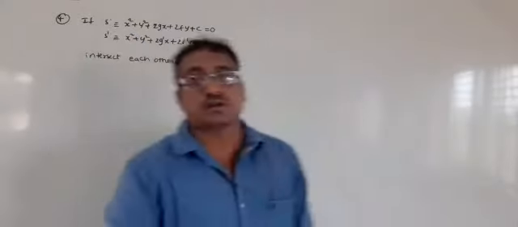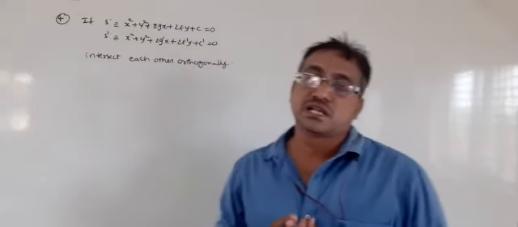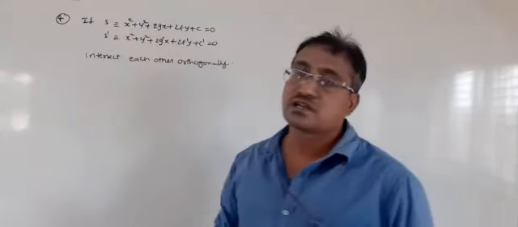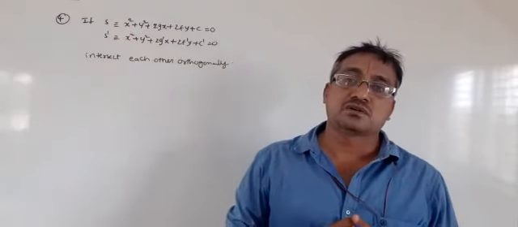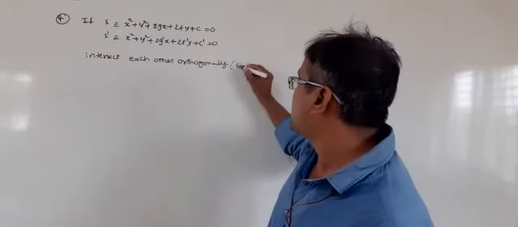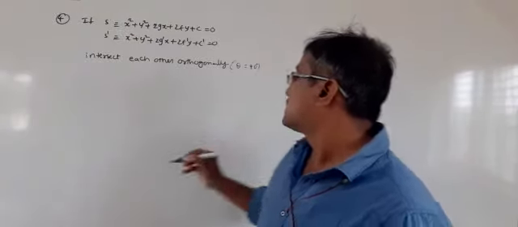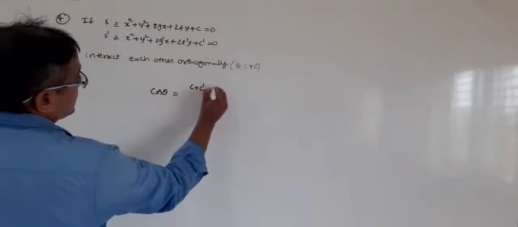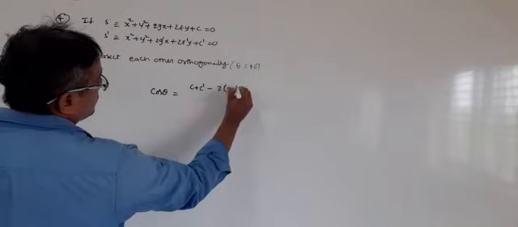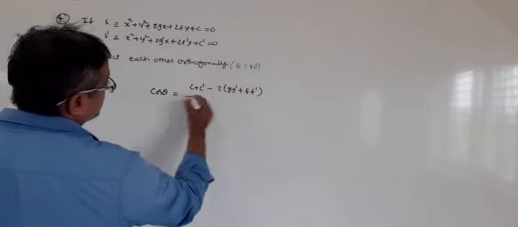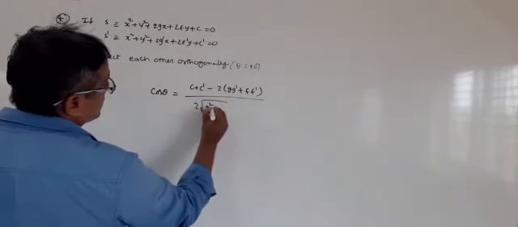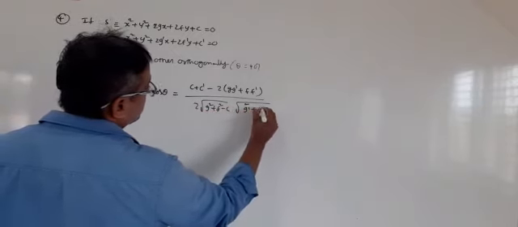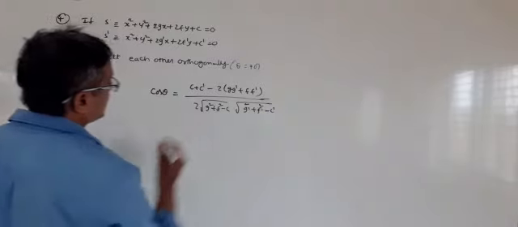Now next point. If these two circles in general form intersect orthogonally, that means the angle between them is 90 degrees. Now we have cos theta is equal to c plus c dash minus 2 into gg dash plus ff dash by 2 root g square plus f square minus c root of g dash square plus f dash square minus c dash.